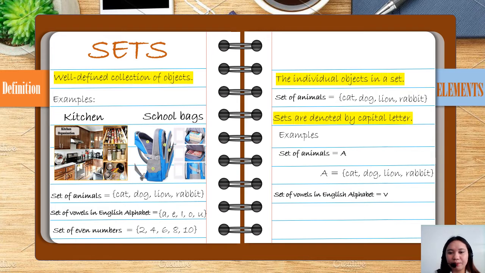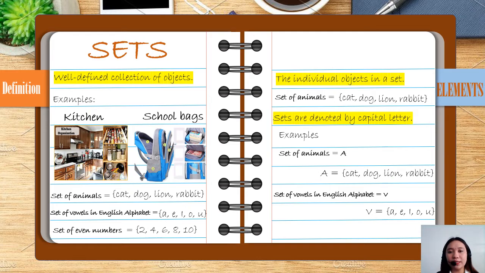Next, the set of vowels in the English alphabet is equal to V, capital letter V. So, set V is equal to A, E, I, O, and U. And the set of even numbers is 2, 4, 6, 8, and 10.